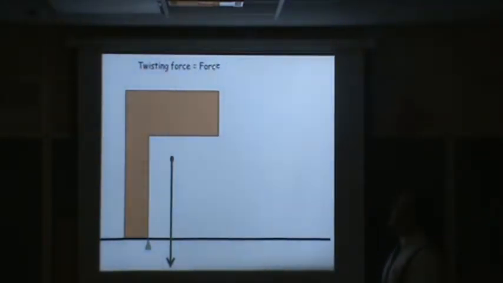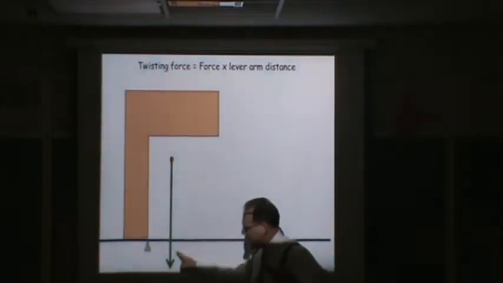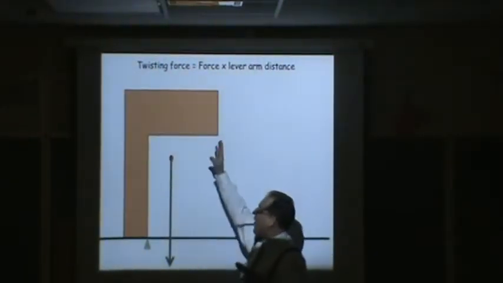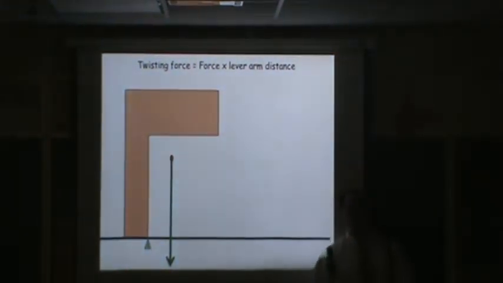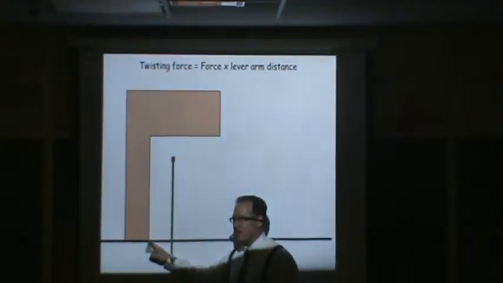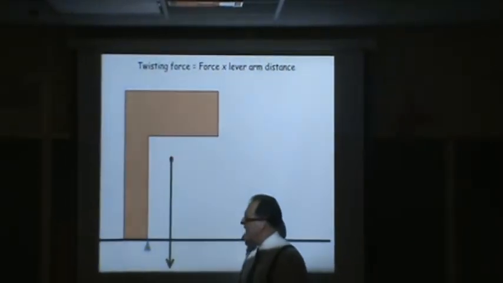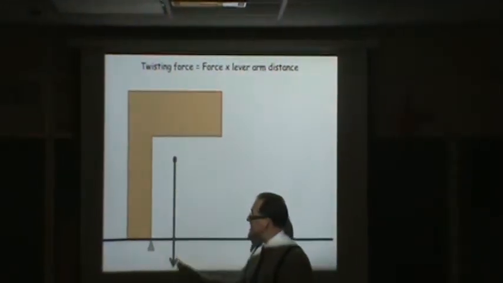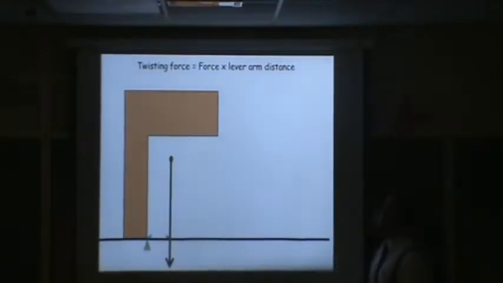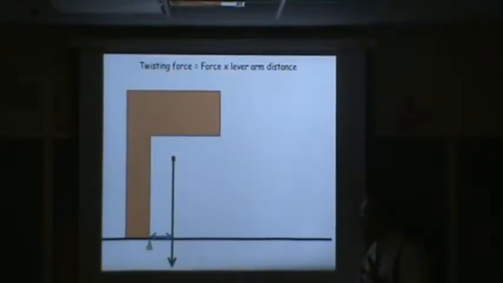The lever arm distance is the shortest distance between the line of force, which we extended down indefinitely and up indefinitely, and the point about which rotation takes place, which is this point right here. It's going to rotate about that point as if there's a little fulcrum right there. The shortest distance between that point and this line of force is the lever arm distance. I'm showing it to you right there in blue. And that's the lever arm.